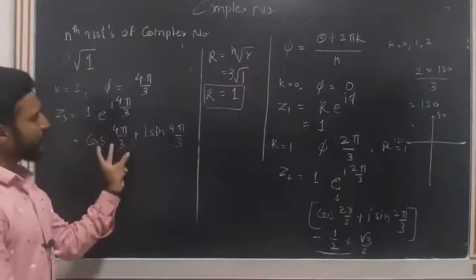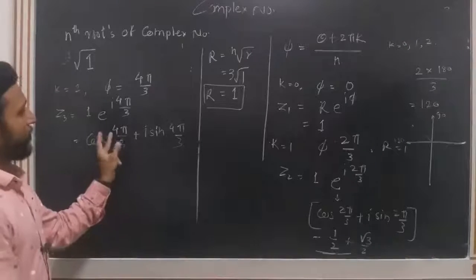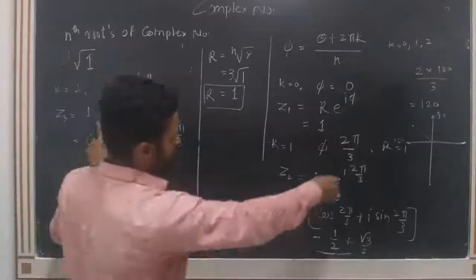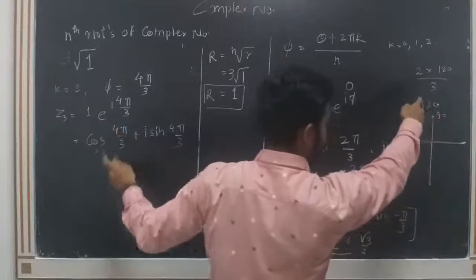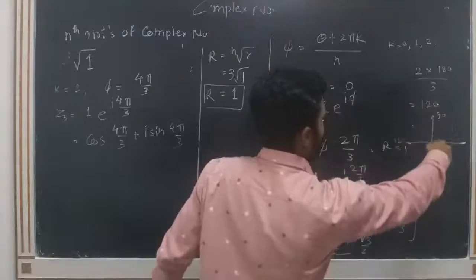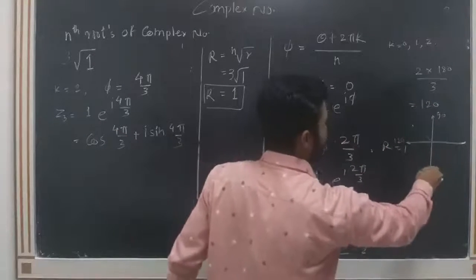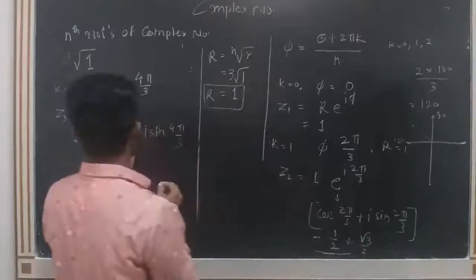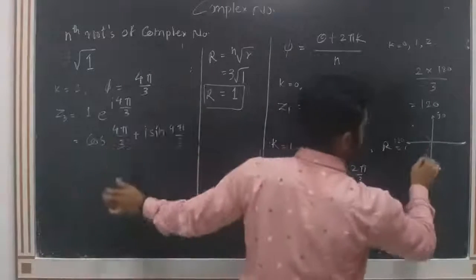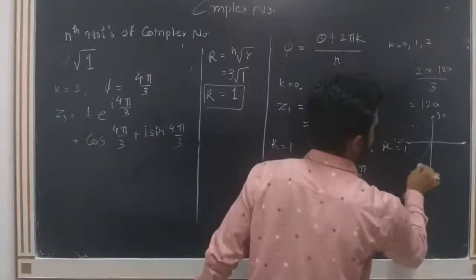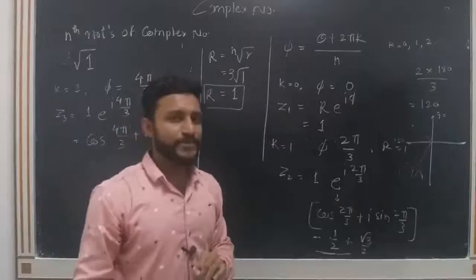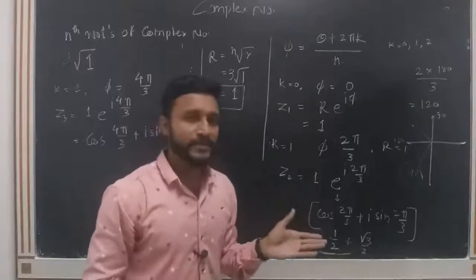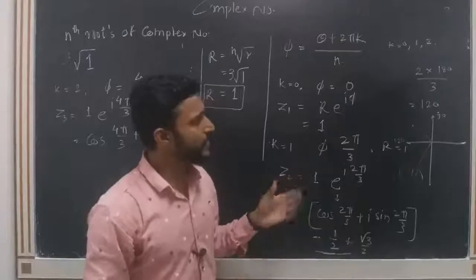Now this 4 pi by 3 is the angle which comes in which quadrant? You can do the multiplication: 240. The answer is 4 pi by 3 is 240, and which comes in the third quadrant. So in the third quadrant only tan is positive and the remaining trigonometric functions are negative.